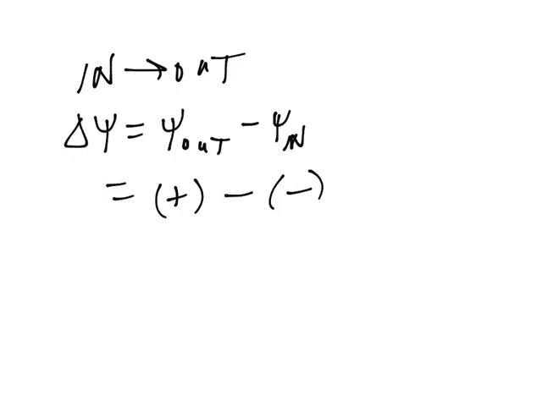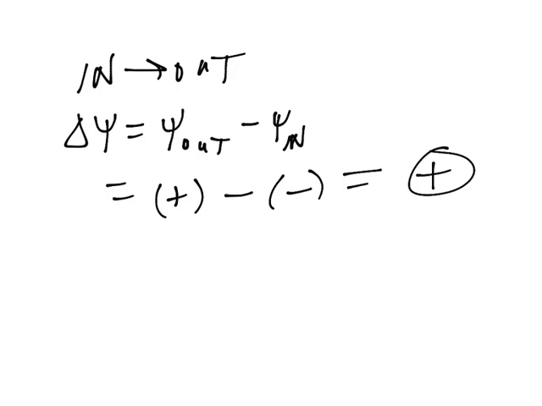And a plus minus a negative is going to give you a positive value. So that would be if we were going the opposite direction to try and move these sodium cations.